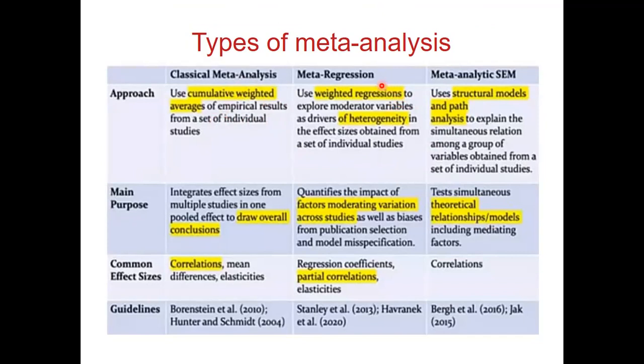Then there's the so-called meta-regression, which uses weighted regressions to explore moderator variables as drivers of heterogeneity. Then there's meta-analytic structural equation modeling, which uses structural models and path analysis to do the same in a very interesting way.